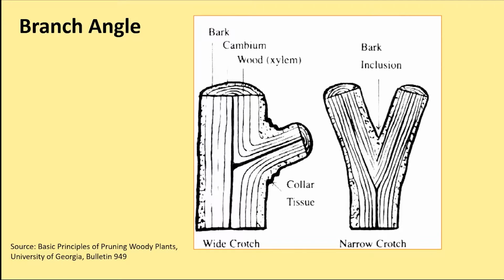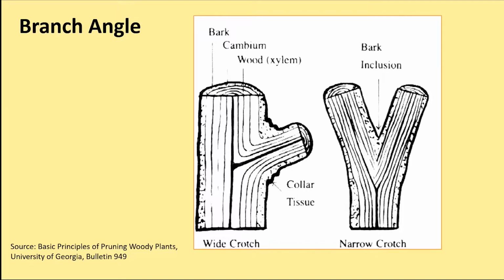When two branches come together and form a narrow angle, the narrow angle creates a problem for us, and that's called inclusion. You see that it says bark inclusion.